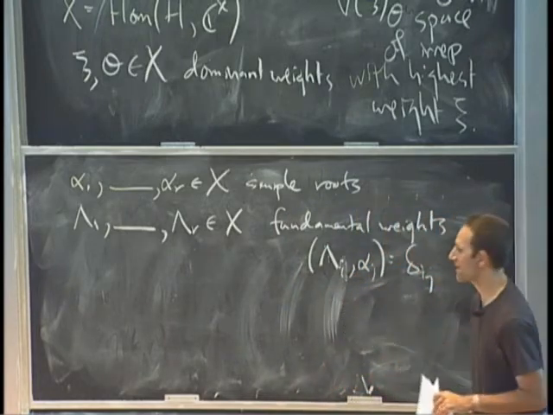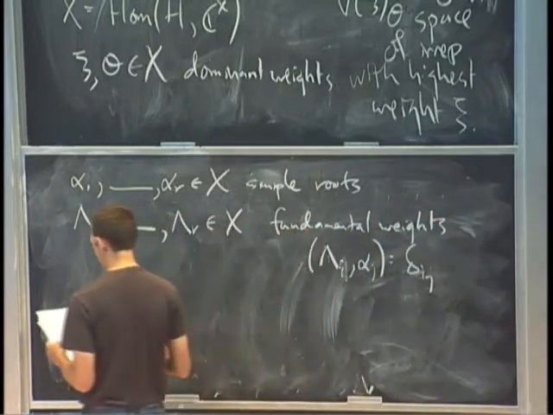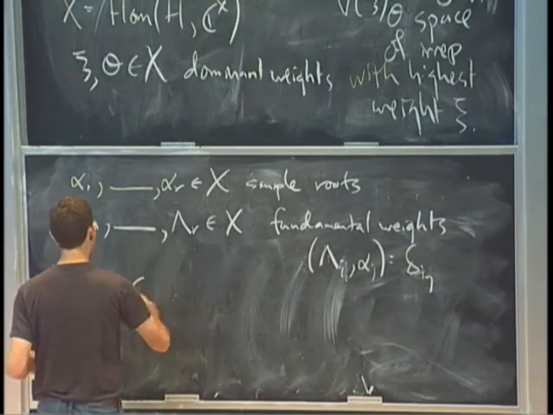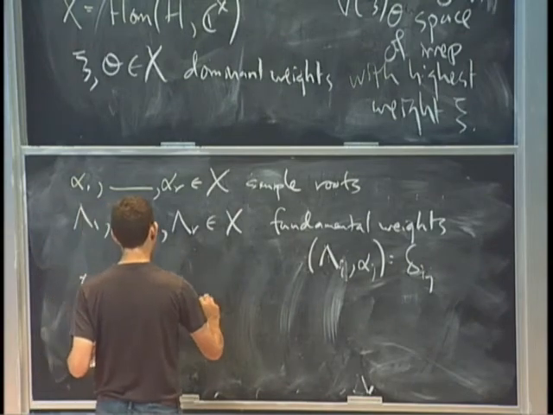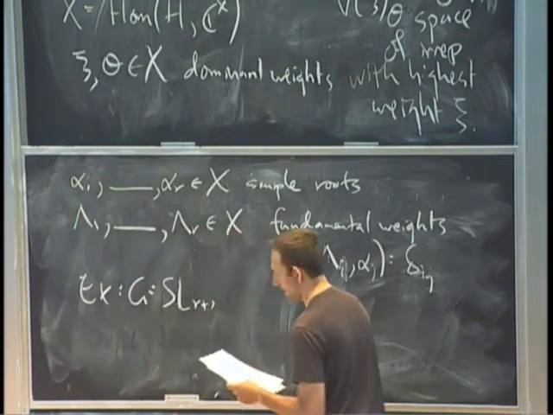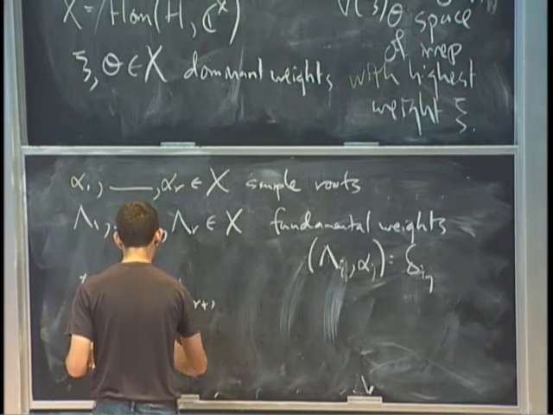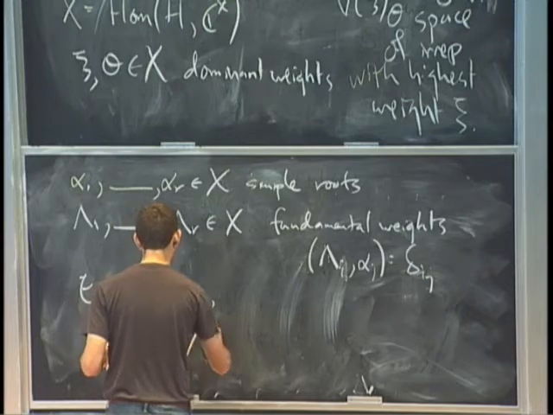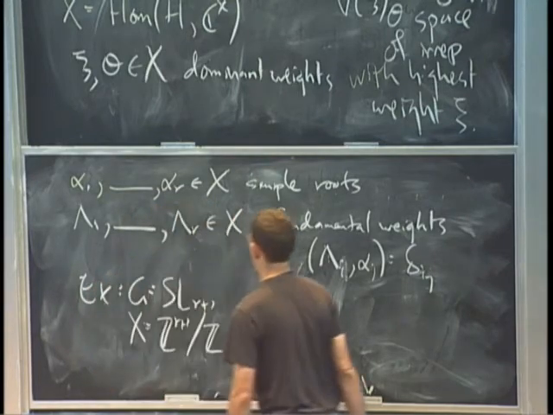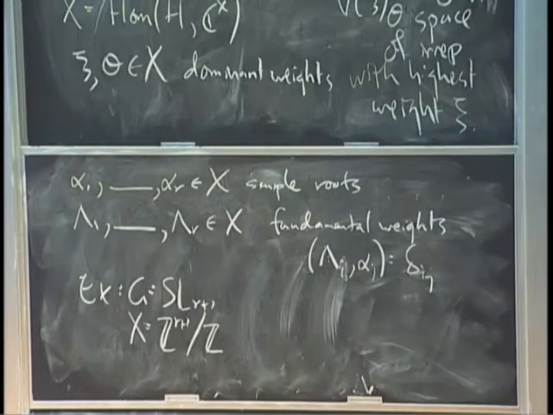So just to be a little concrete, in type A, if G is SL(r+1), this is type A_r, then X is Z^(r+1) mod the diagonal copy of Z. It's the weight lattice.